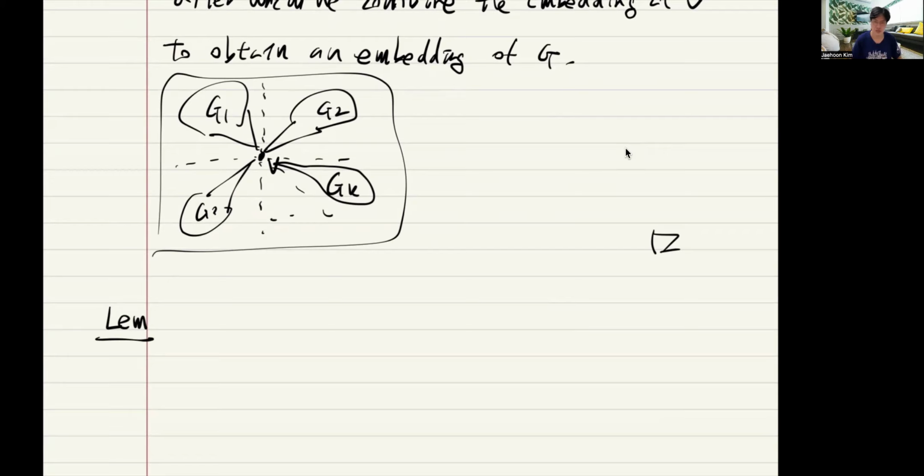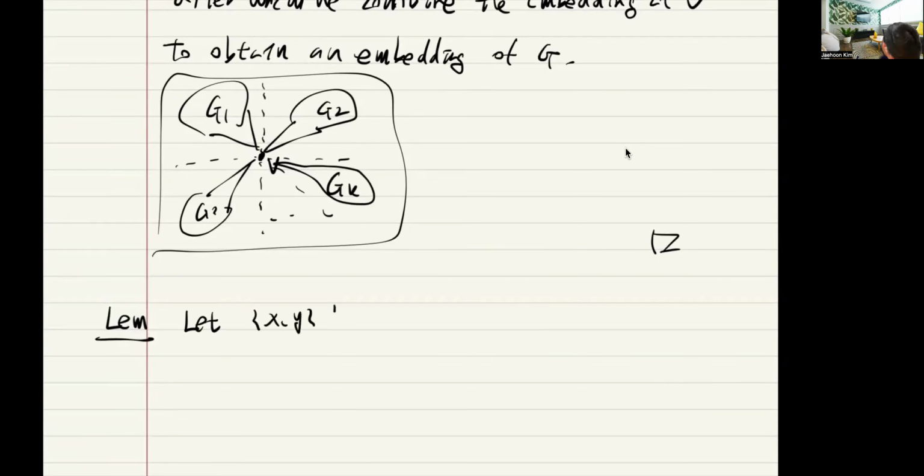Why is 3-connected important? As we proved before, in a 3-connected graph, you can find the 3 contractible graphs, which will be useful for us later. So for that, we proved the following.